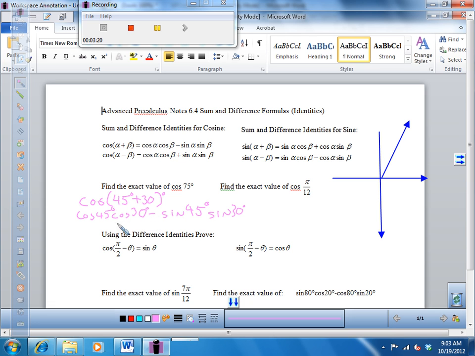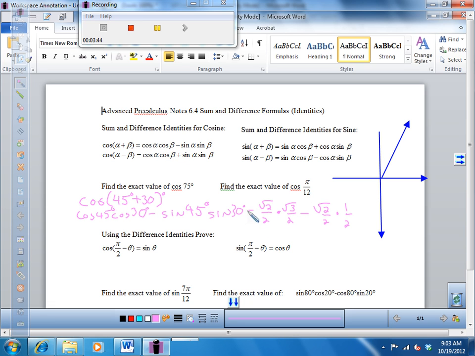Cosine of 45, anyone know what that is? Root 2 over 2, okay? Cosine of 30 is root 3 over 2, minus sine of 45, which is also root 2 over 2, times sine of 30, which is 1/2.